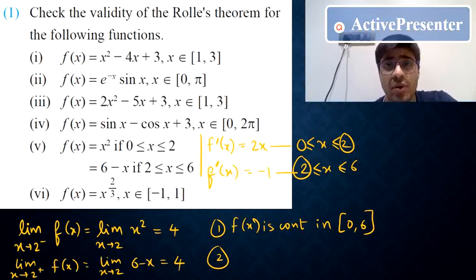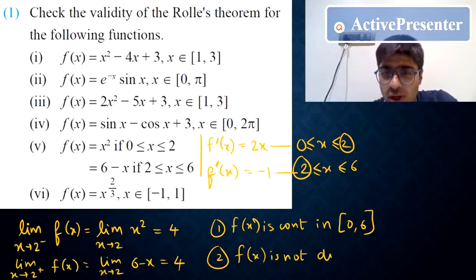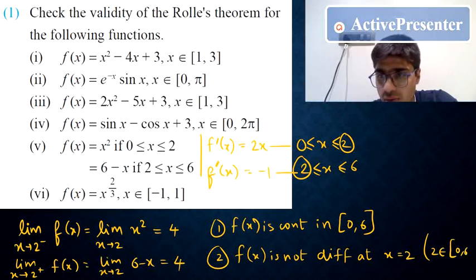If f dash x is discontinuous at x equal to 2, we say that f of x is not differentiable at x equal to 2. And that x equal to 2 basically belongs to the interval 0 to 6.